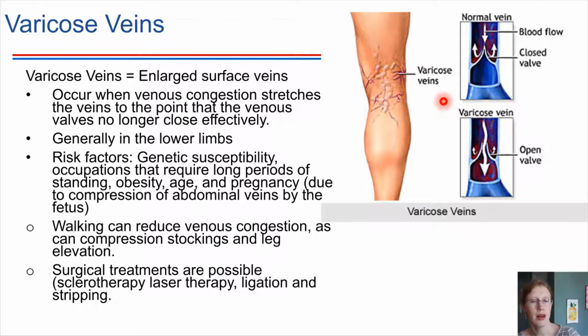So walking can help to reduce this sort of congestion that comes up in the veins. It makes sense, right? When you're walking, you are actively using your skeletal muscles. That'll help to squeeze the blood along. And also using compression stockings and just putting your legs up. All of those can help with varicose veins. There are some surgical treatments available as well.